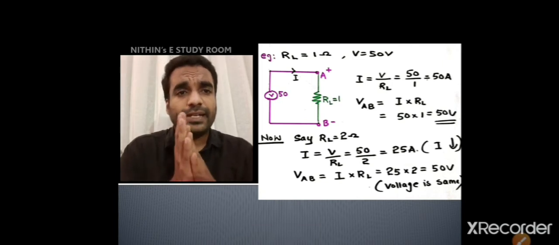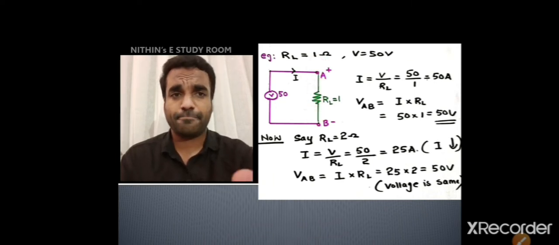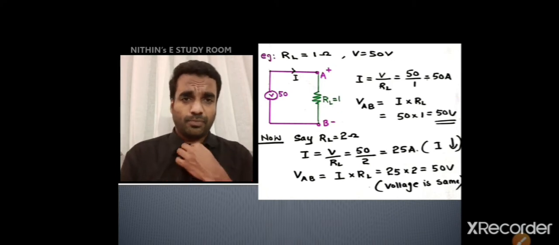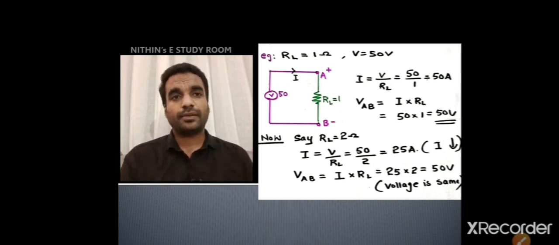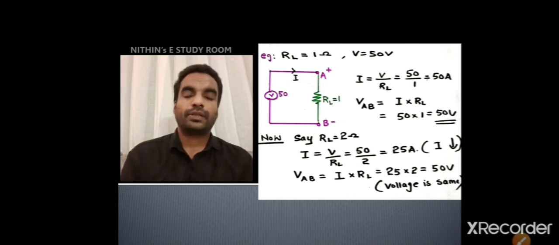Now you are connecting a particular resistor across the terminals A and B, and the resistance value is given in the problem, that is a 1 ohm resistor, and the voltage of the battery is given as 50 volt. So now you can calculate the current coming out of the battery. What is the equation of current?